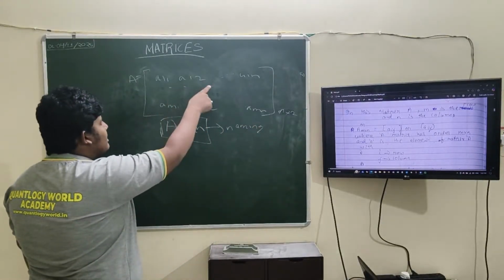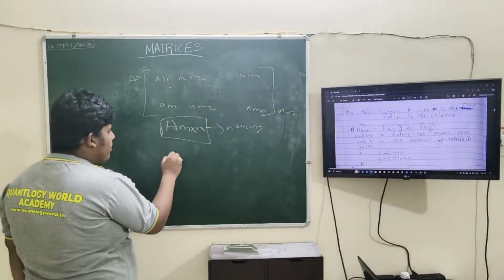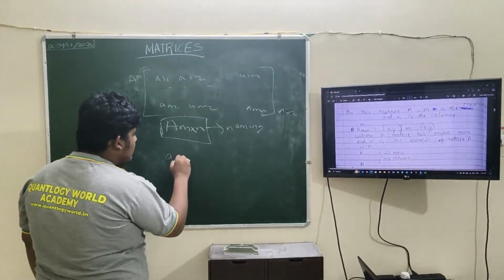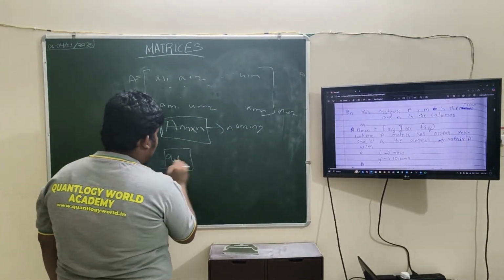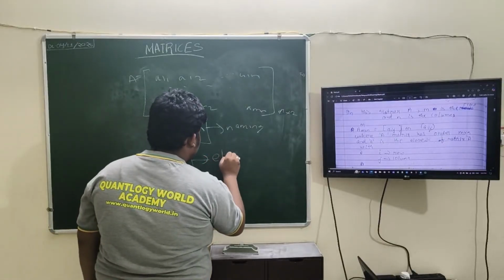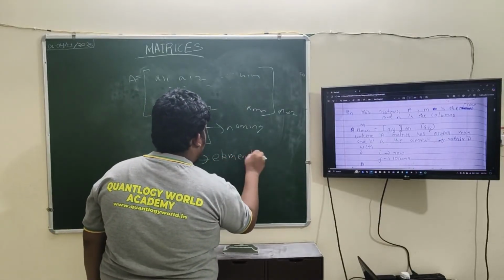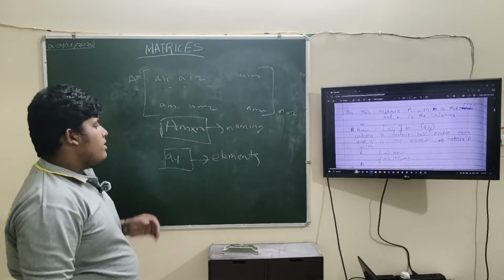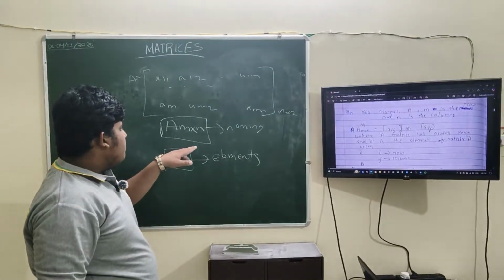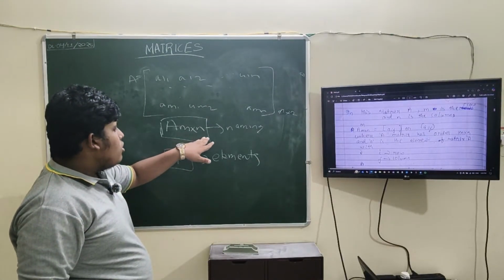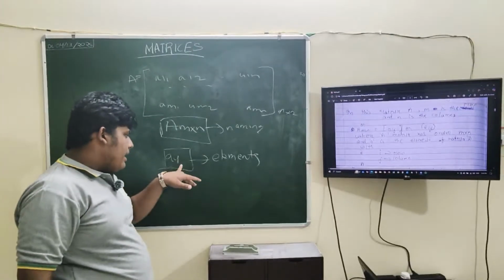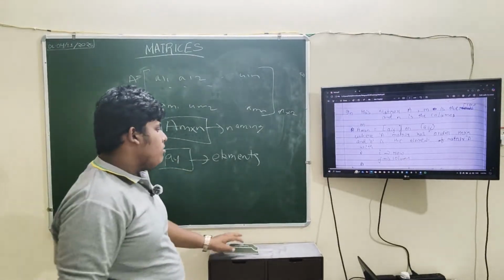And the elements are written in small a, so we will write A I J. This represents the elements of a matrix. As M cross N represents the rows and columns, here I and J also represent rows and columns.